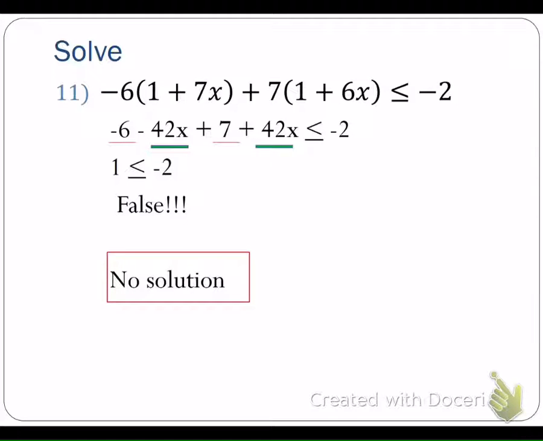So put false. If you got something like 5 is greater than 4, then it would be all real numbers. So just like equations, ask yourself if what you're looking at is true or not true. If it's true, it's all real numbers. If it's not true, it's no solution.